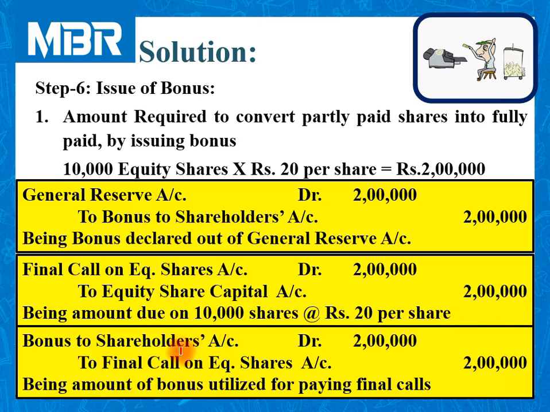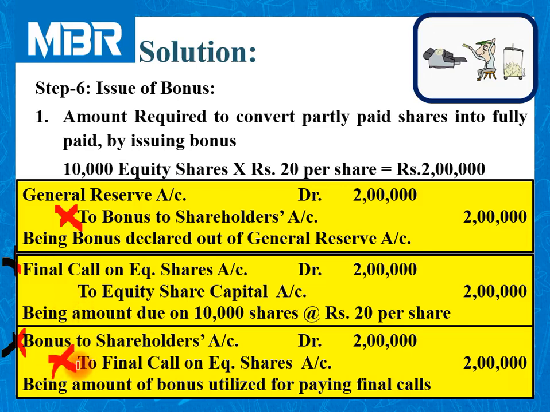Now, for the purpose of your understanding, you can easily understand as a student of commerce that here we have opened account of bonus to shareholders and here it is automatically closed. So the bonus to shareholders account is automatically settled. Final call on equity shares account debited and in third entry final call on equity shares account credited.